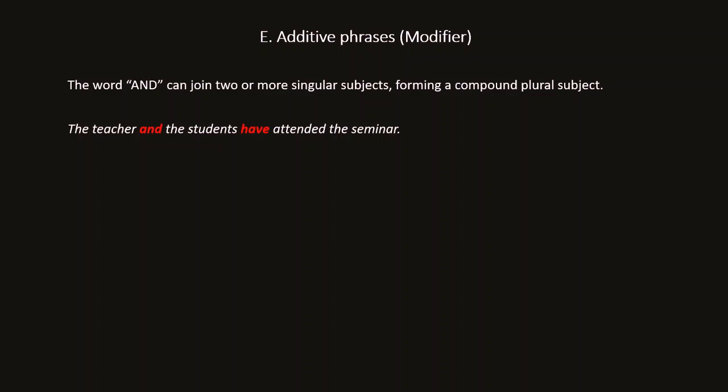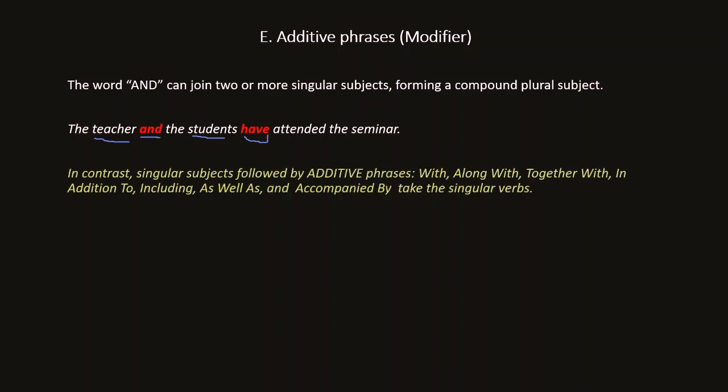In this example, the word and joins a singular noun, teacher, with a plural noun, the students, and we use a plural verb, have. In contrast, singular subjects followed by additive phrases such as with, along with, together with, in addition to, including, as well as, accompanied by, take a singular verb.